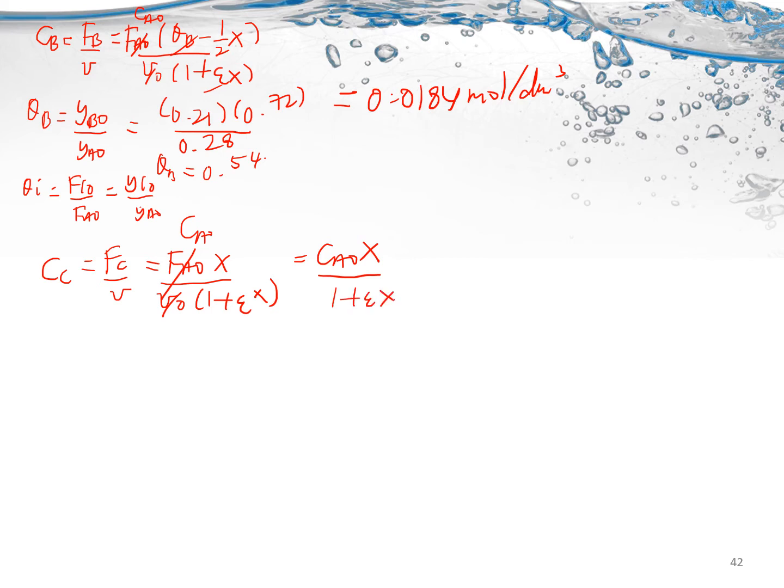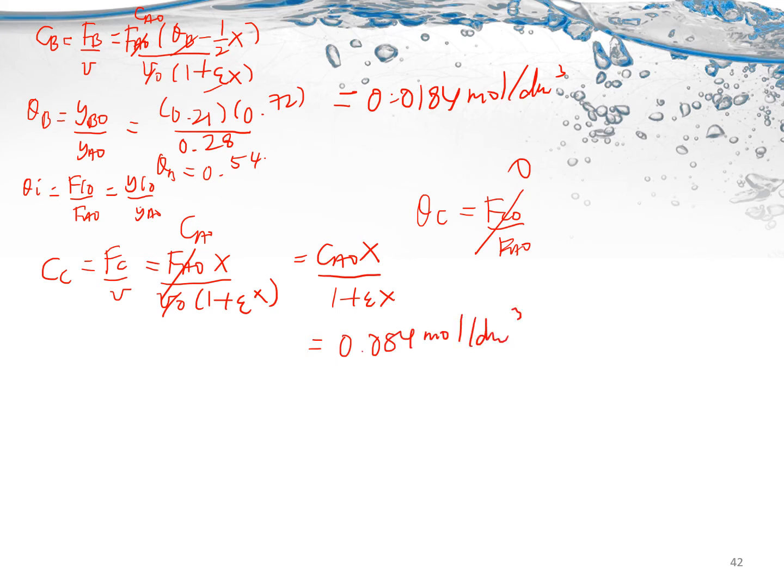From here it's just a direct calculation, because theta_C cancels, since theta_C is equal to F_C0 over F_A0. We don't have F_C at time zero, so this should be 0. You just plug in the values and you will get 0.084 mole over decimeter cube.